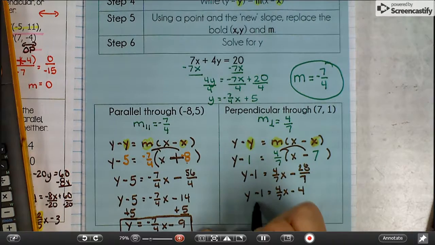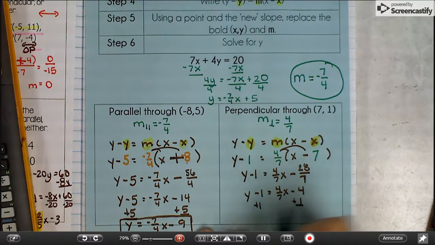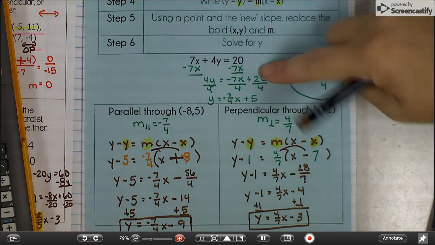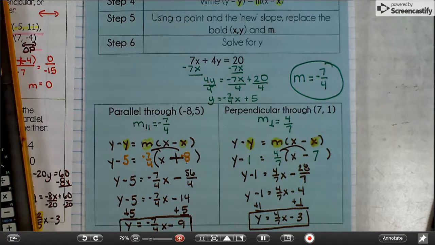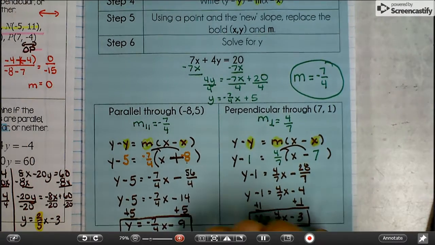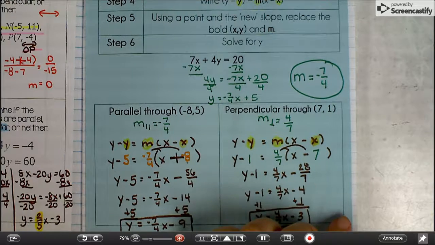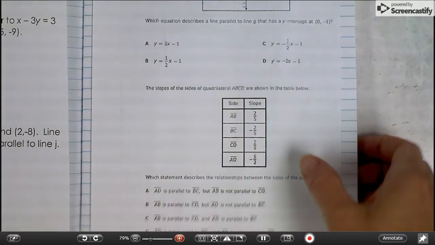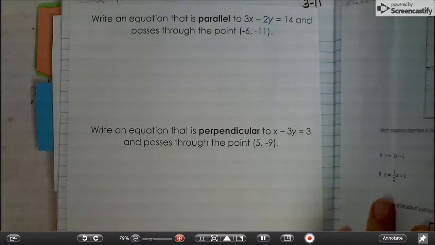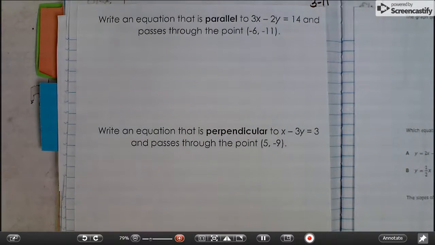And then the last step would be to add 1, y equals 4/7 x minus 3. And this is the equation of a line perpendicular to this line through 7, 1. Okay. If you need to go back and watch those steps and pause after each one, that's a good plan. I'm going to do one more and then I'll stop this video and start a new one.